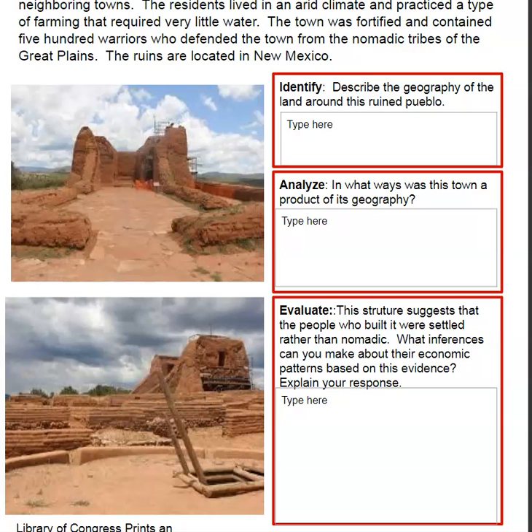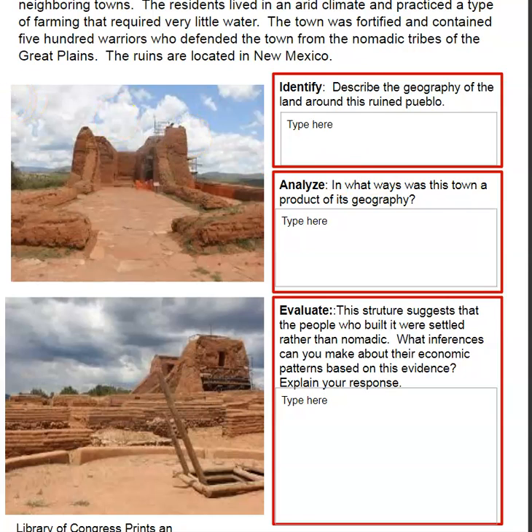It states the structure suggests that the people who built it were settled rather than nomadic. And so what inferences can you make about their economic patterns based on this evidence? So when you're answering this question, cite the evidence that you're looking at to make your evaluation. Okay, so again, this is on you.